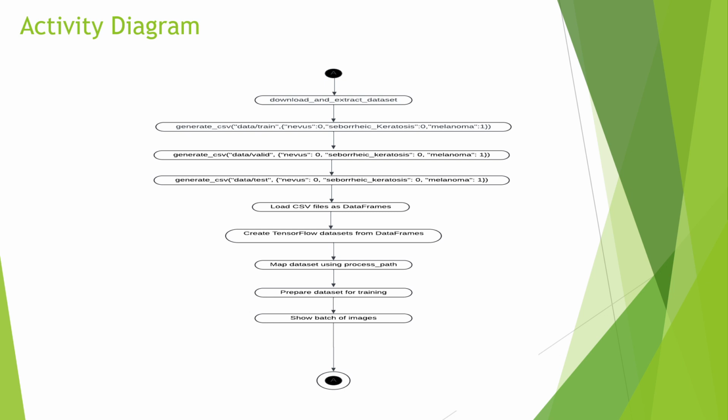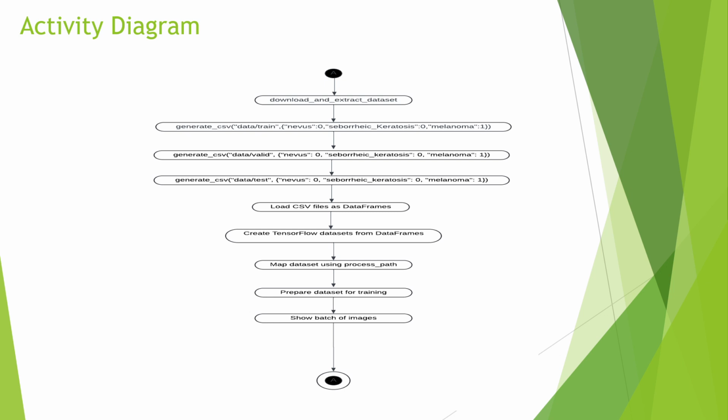Activity diagram 1. This workflow guides through the steps from downloading the dataset to preparing it for training and displaying sample images. First, we download and extract the dataset, then generate a CSV file for training data, then a CSV file for validating data, then again a CSV file for testing the data.